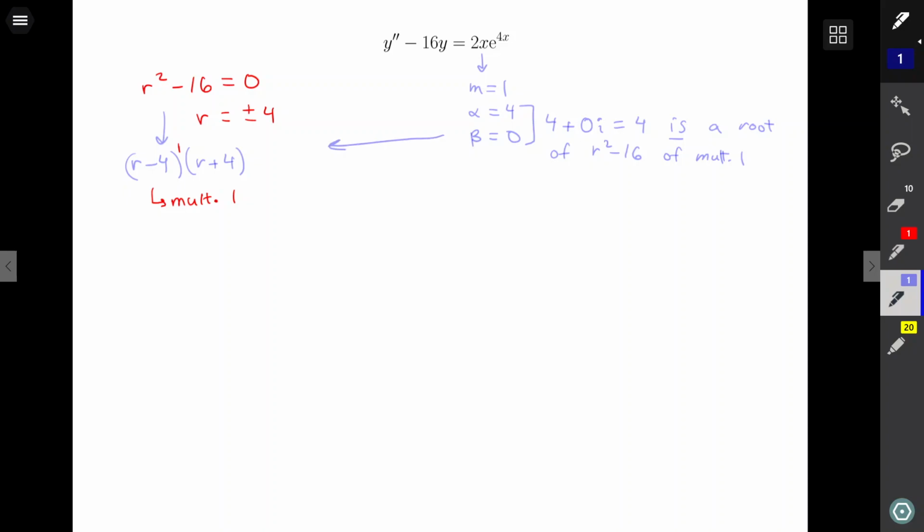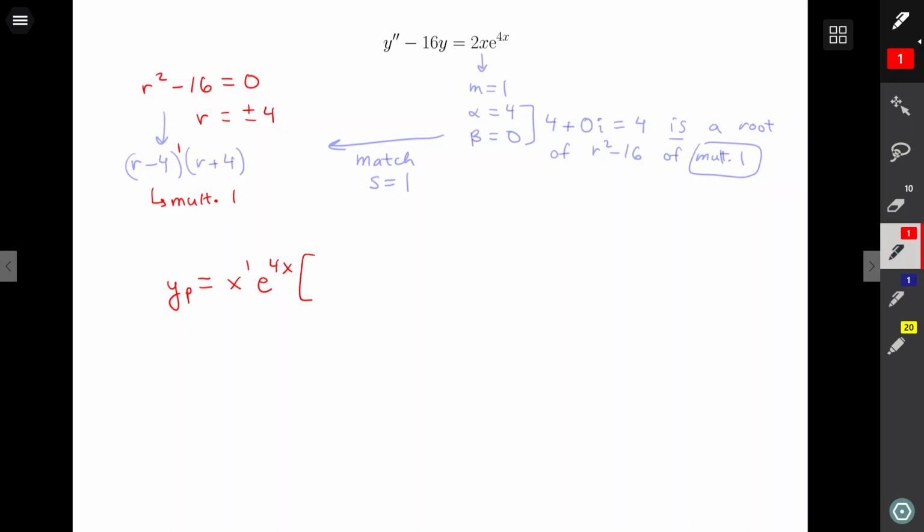That means that there's a match, and s is equal to 1. Multiplicity 1. So you put that all together. You have an x to the s, x to the 1, e to the alpha x multiplied by cosine of beta x.